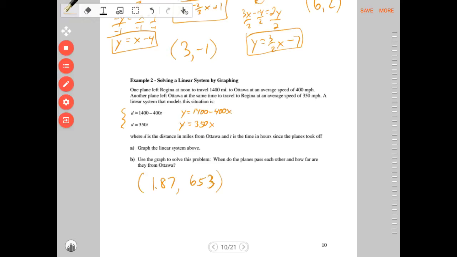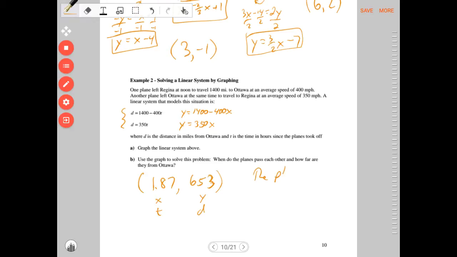Now what does this mean? Well, remember, this is the x and that's the y. The x coordinate was our time, and our y coordinate was the distance. So the 1.87 is a time. It's 1.87 hours that they intersect after, and they are 653 miles away from Ottawa. So that's what these mean.